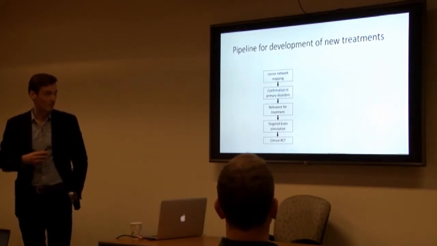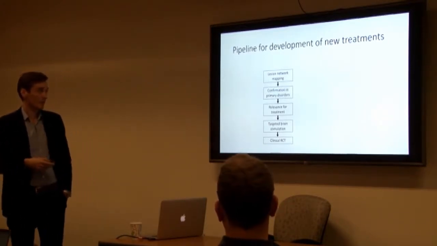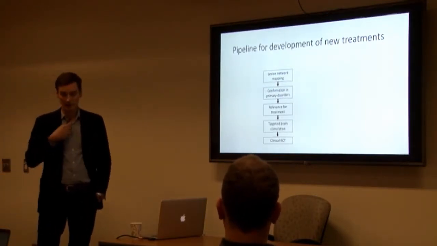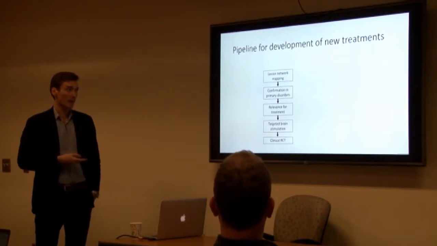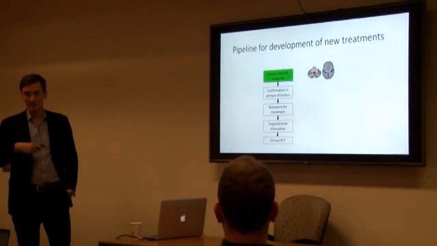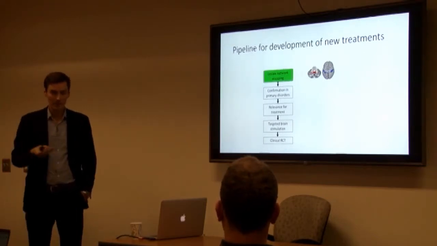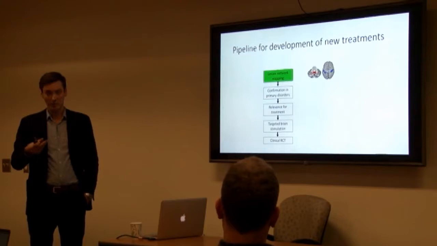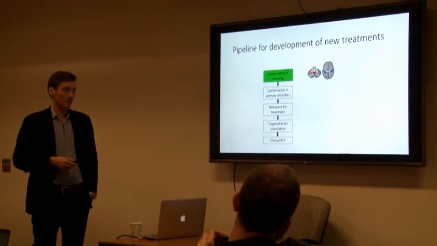My time is almost up. So in summary, the work that we have done and the main aim we have is to use lesions and connectivity to define where neurological and psychiatric symptoms come from, what is the causal origin of these disorders.